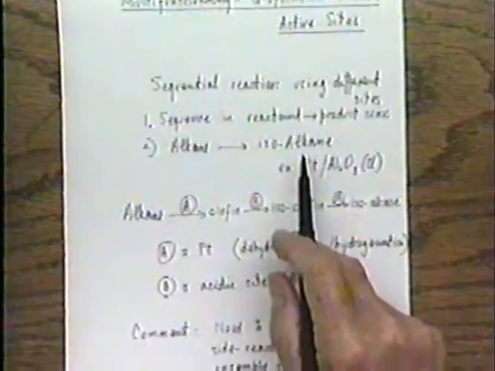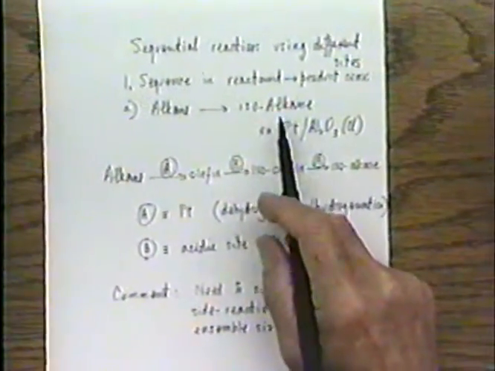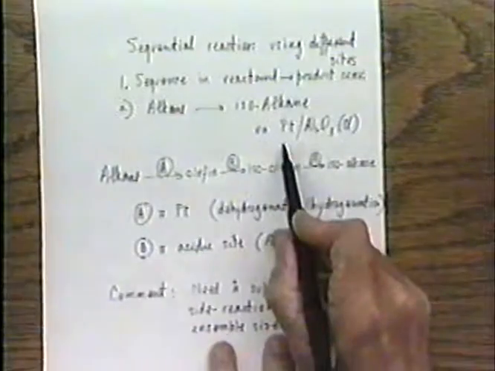Here's the first one I have for you. The conversion of an alkane, a paraffin, into isoalkane over a catalyst which, for instance, might consist of platinum dispersed on acidic alumina.